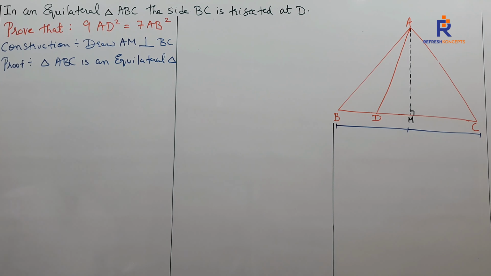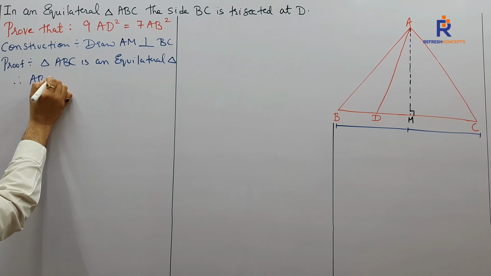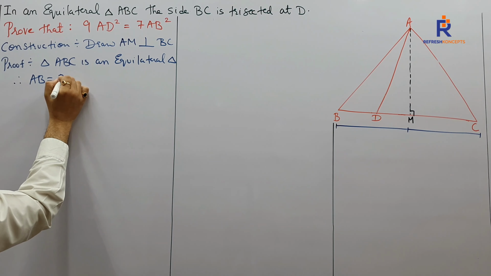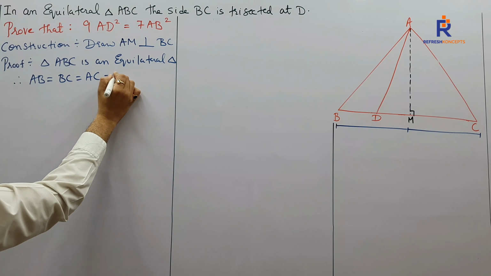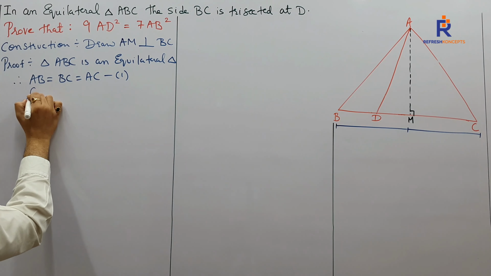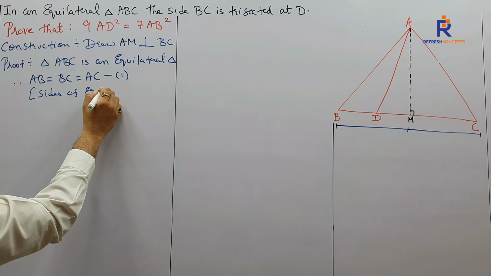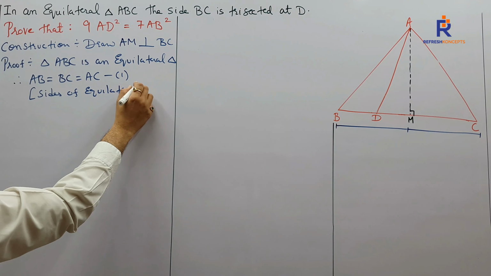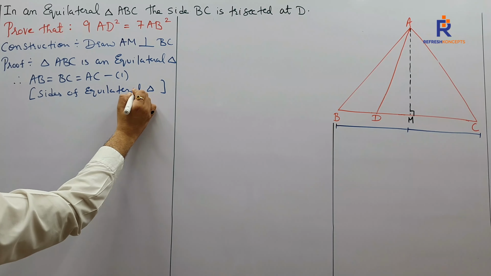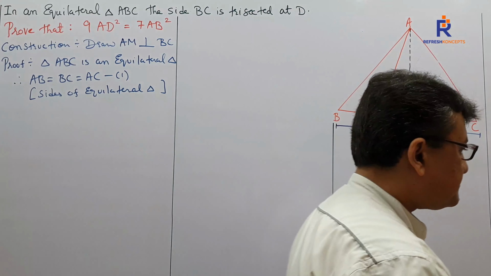Since it's an equilateral triangle, do I have every right to say, therefore, AB is equal to BC is equal to AC? Equation number 1. Sides of equilateral triangle. Any doubt? AB is equal to BC is equal to AC.